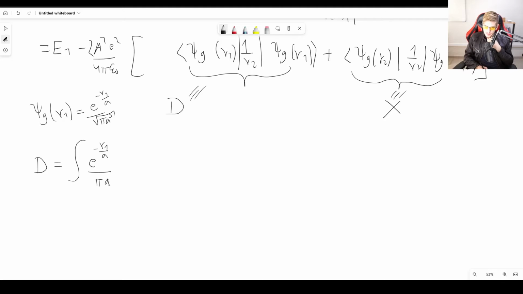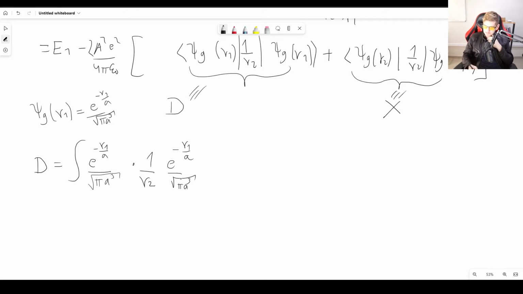So we are dividing by pi a cubed and the square root. And then we have 1 over r2, so times 1 over r2. And then we have the other one, so e to the minus r1 again, so r1 over a, and divided by square root of pi a cubed.